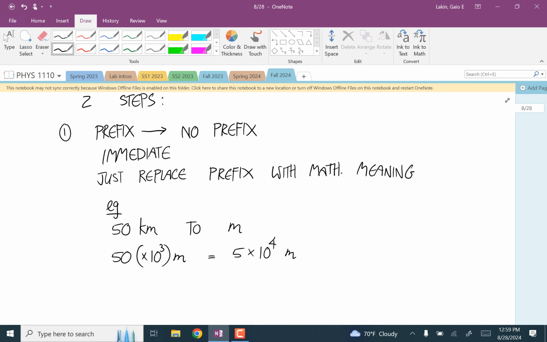So all I did was just use the definition of it. To go the other way, you're going to do it sort of like a unit conversion.